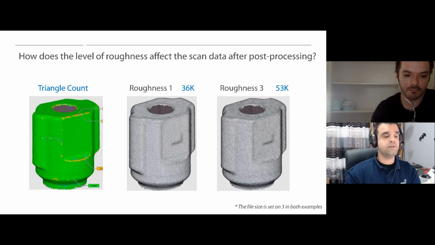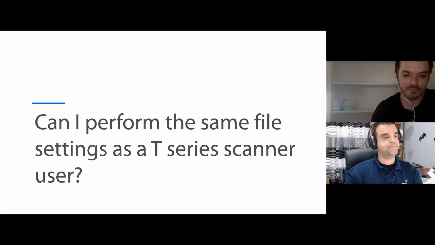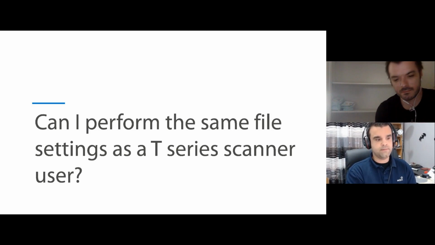Can I perform the same file settings as a T-Series user? If somebody of you has a T-Series scanner, a lab scanner, he can do that. Yes, we have these options already in Colab.